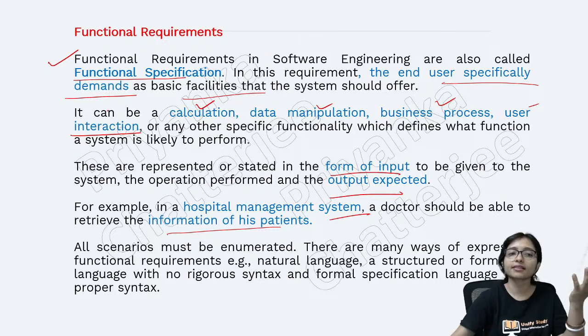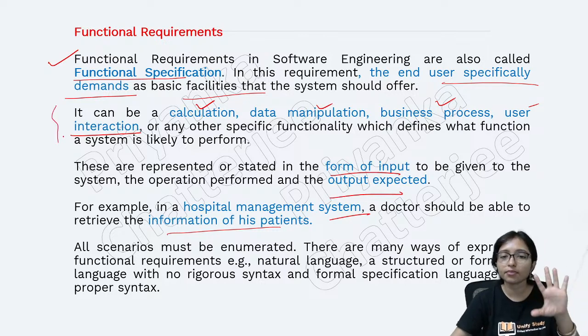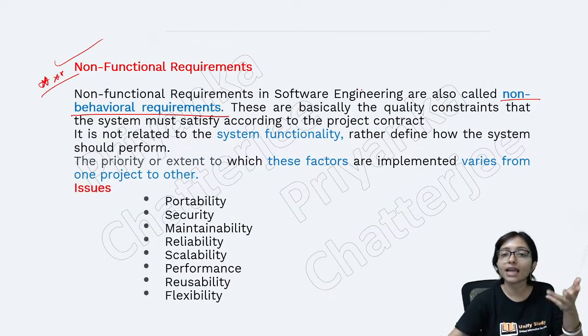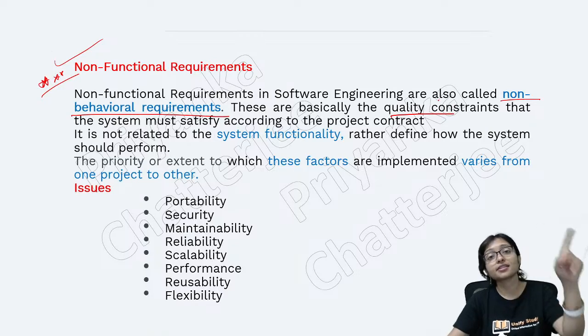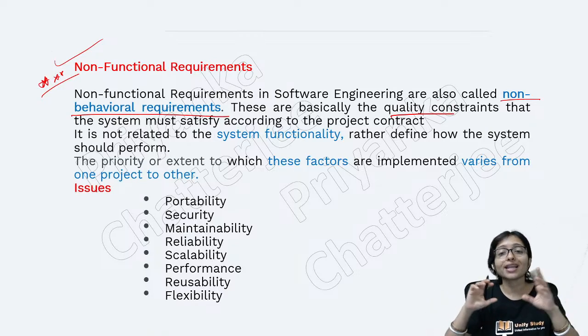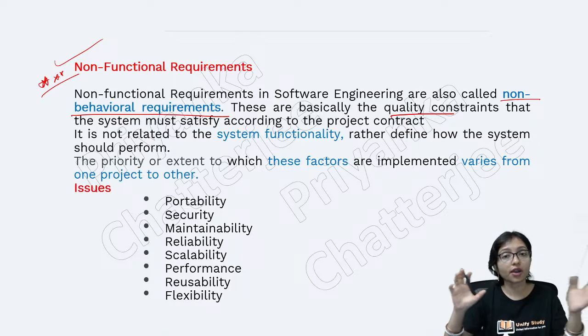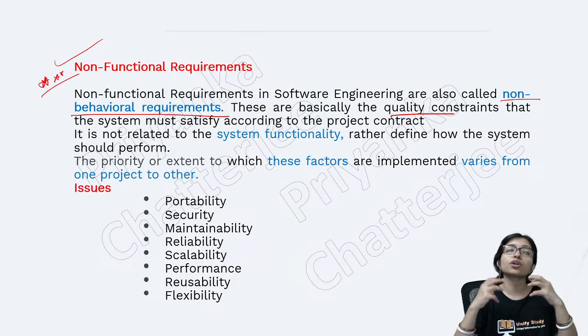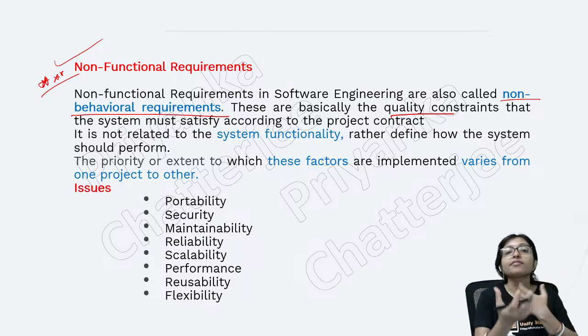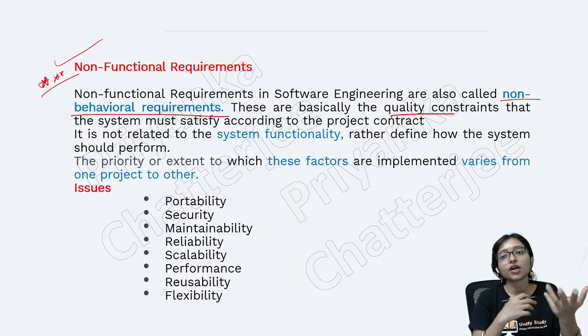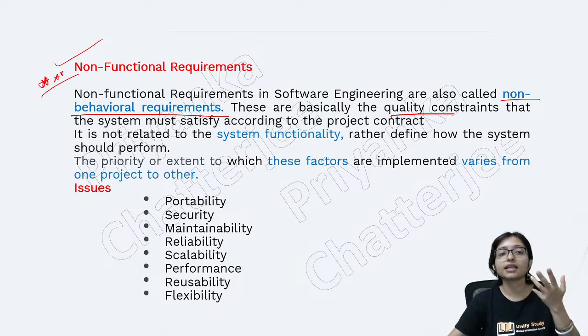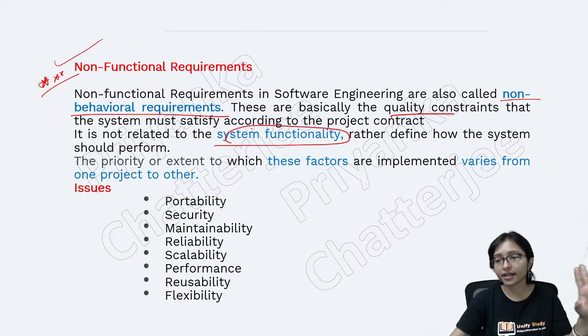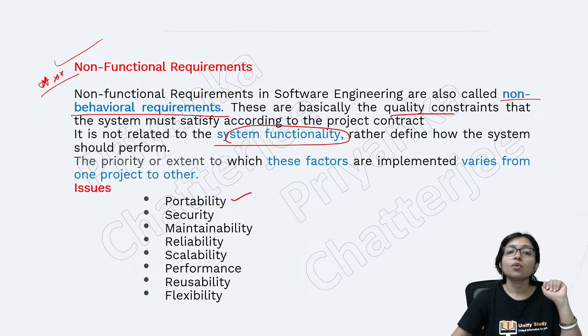You can think of it like this: functional is a quantitative measure and these are qualitative measures. You learned qualitative and quantitative in research aptitude also. Here also there is something you cannot count, you have to feel it, the quality constraint. That is mainly the non-functional constraint, and it is not related to the system functionality at all. What are the factors?